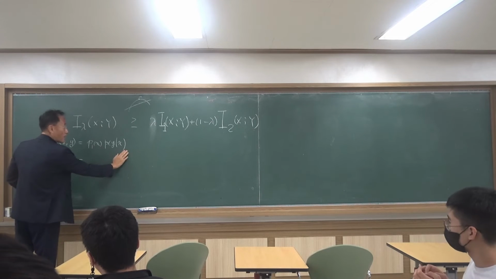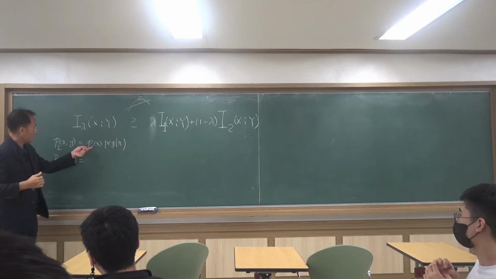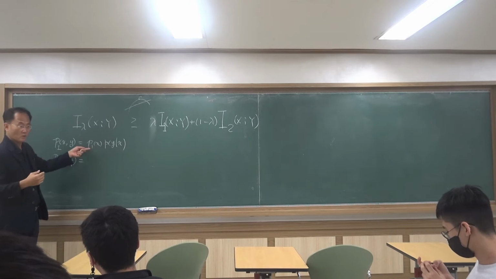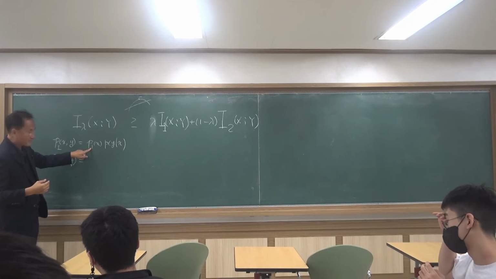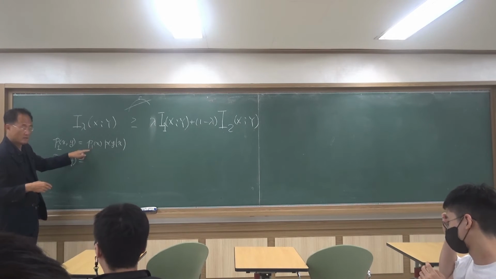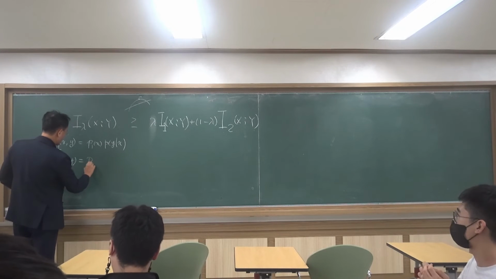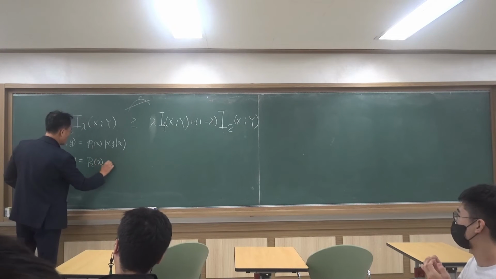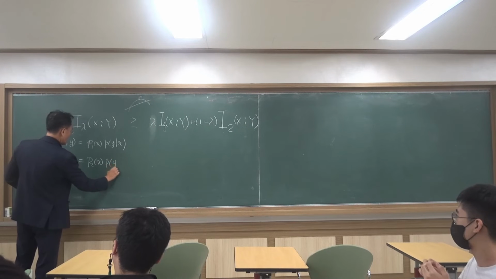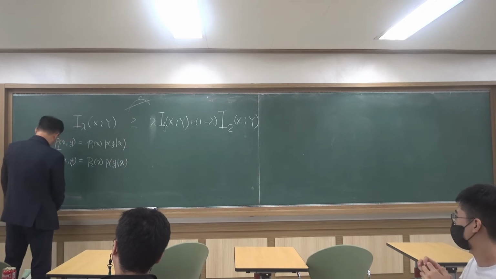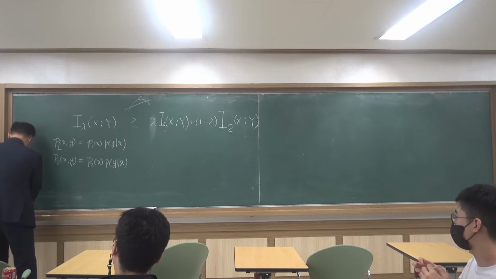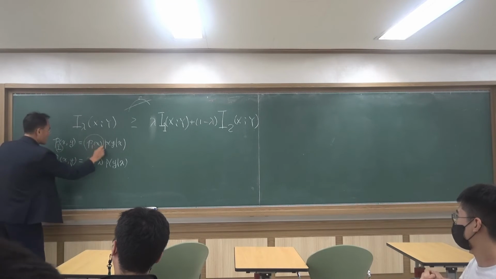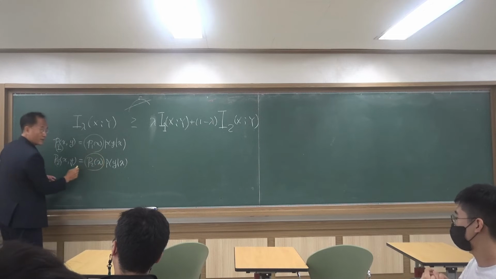This part is a number. It's given to you. This one is the only variable. So I am using the subscript. Okay, that's what I'm doing. P2. So this part is significant, right?